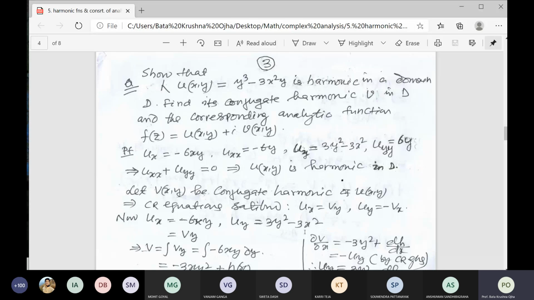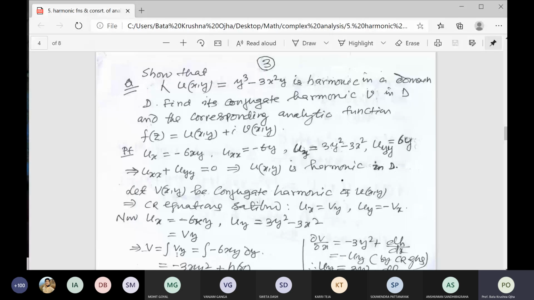What is ux? According to the CR equations, ux is equal to vy. Now we can write vy = -6xy, by the CR equations. So if you integrate with respect to y, keeping x constant, we get v as the integration of vy.